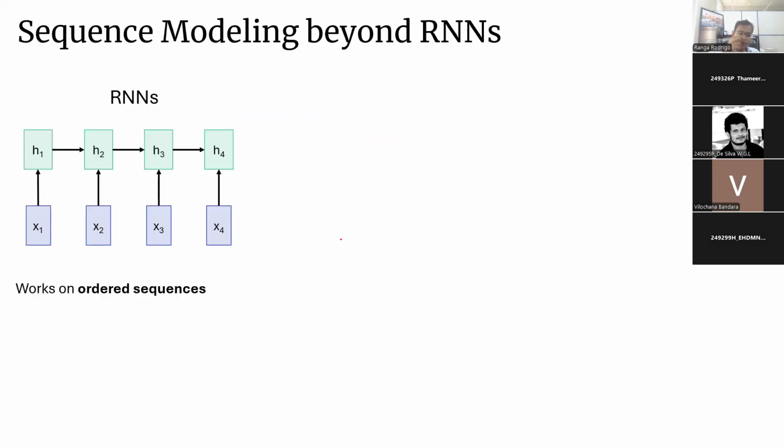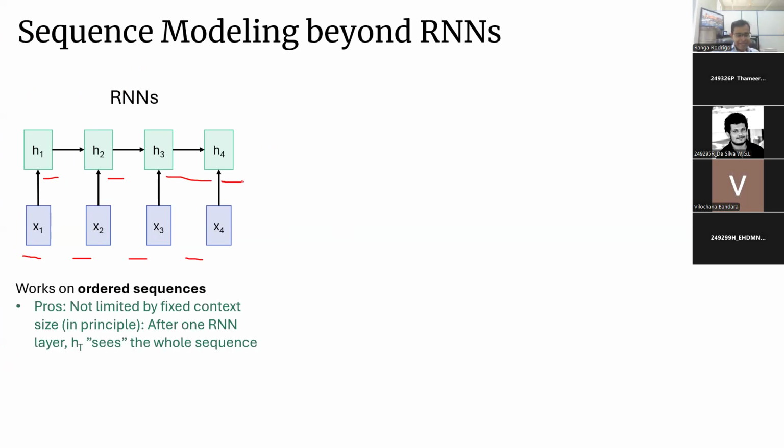Okay, so to understand the transformers, we will briefly look at the so-called recurrent neural networks that process a sequence. You can consider this as a sequence of words x1, x2, x3, and x4, and they have some mechanism of holding some information about these words, the hidden state.